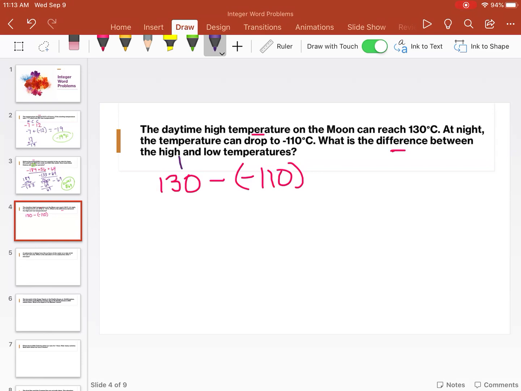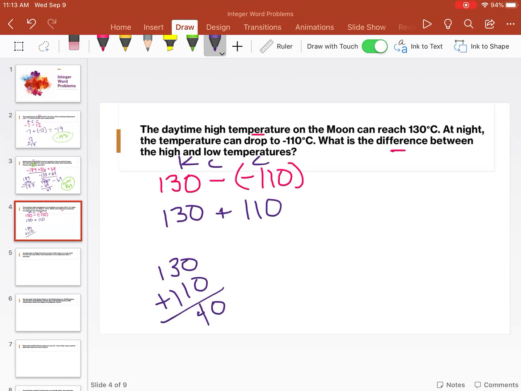All right, so we should keep, change, change. So keep 130, change to addition, change to +110. Now they're the same sign, so same sign, add and keep. So 130 plus 110 gives me 240. And let's see, again, it's temperature.